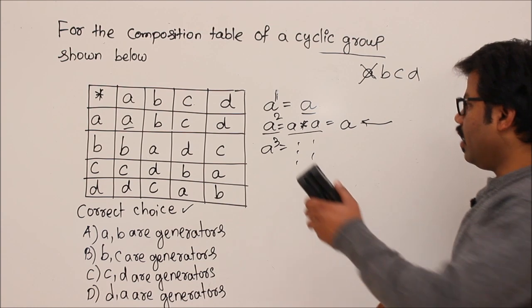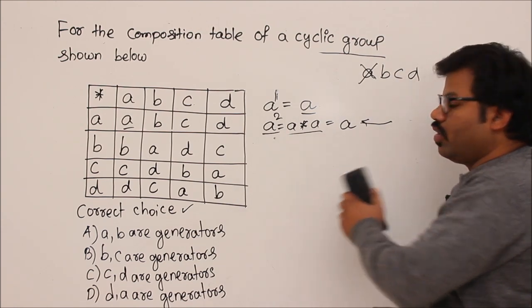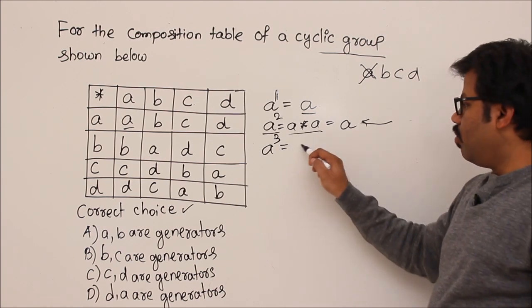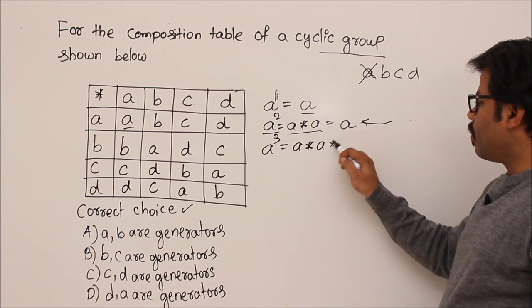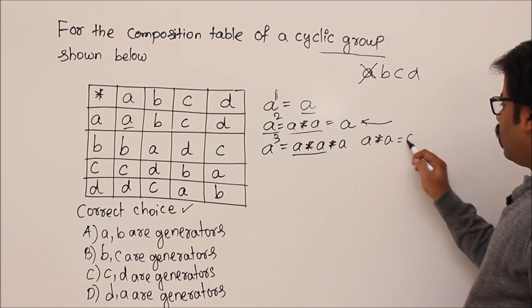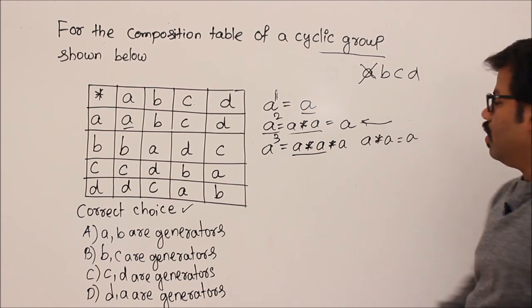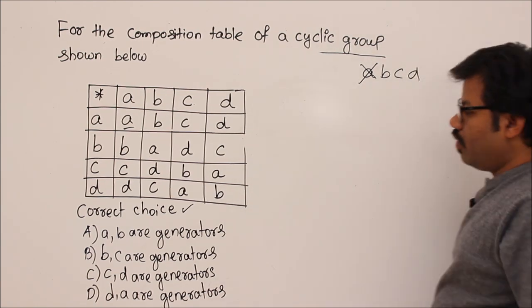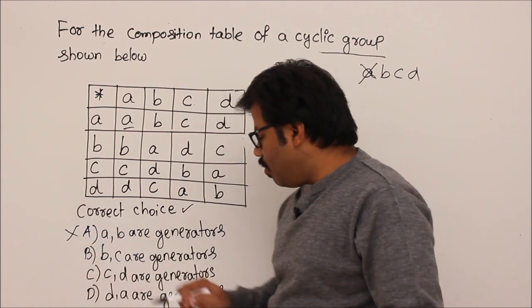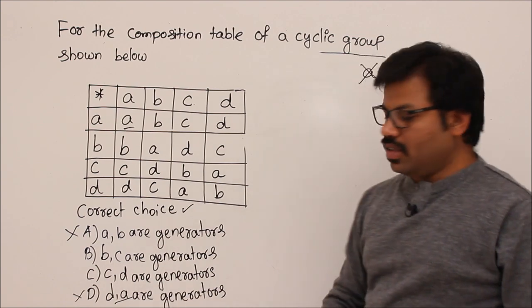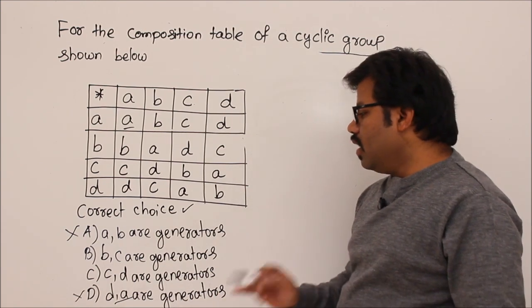I told you in the theory. Please go through the theory if you have a doubt. Apply A star A, it is nothing but A star A. Again A star A. So dead end. There will be a loop. So finally, this A cannot be generated. Now we can eliminate option A first. Then we can eliminate option D because here also A is mentioned. Now we have only choices B and C.